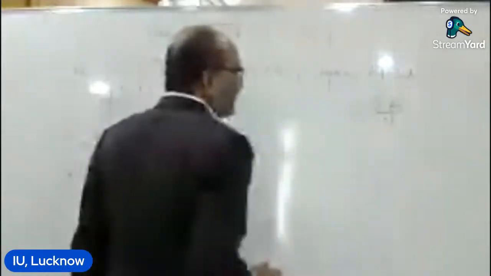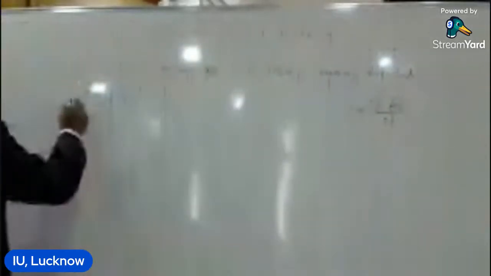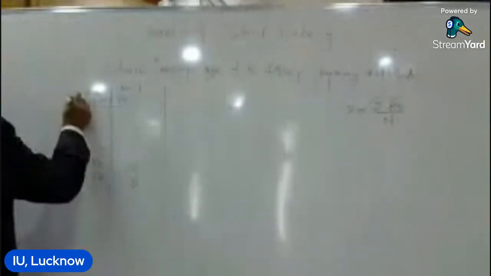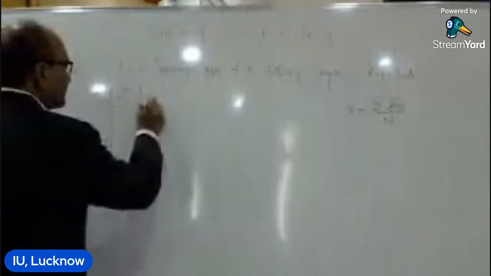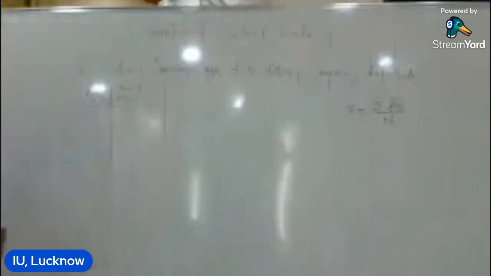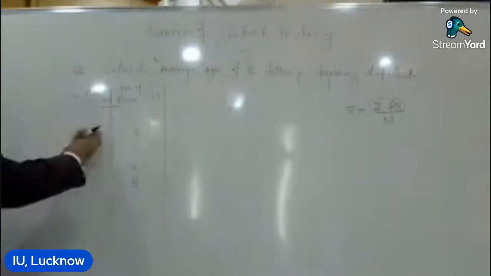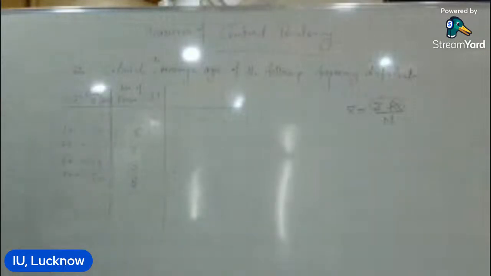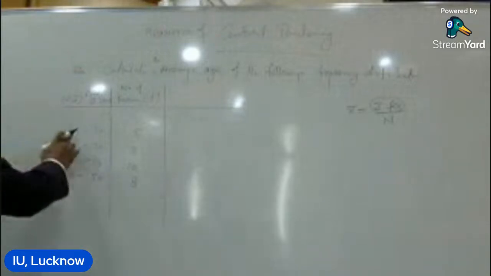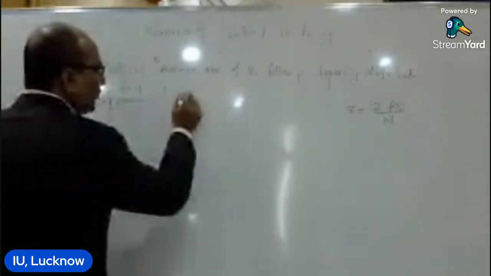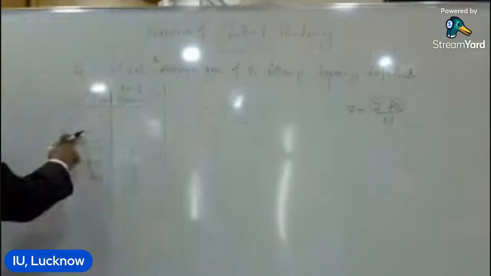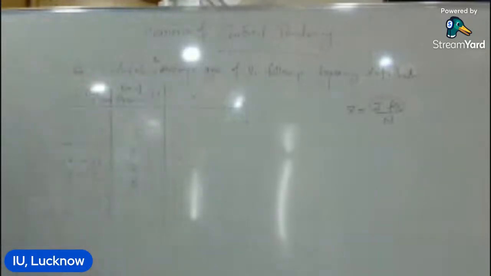In summation fx, x is the age. Age is the class interval, and the number of persons is denoted by f, the frequency. So we have to find x. What is x? Because the age is given in class intervals, x means the mid value of the age class interval, or you can say the mean of the class interval.